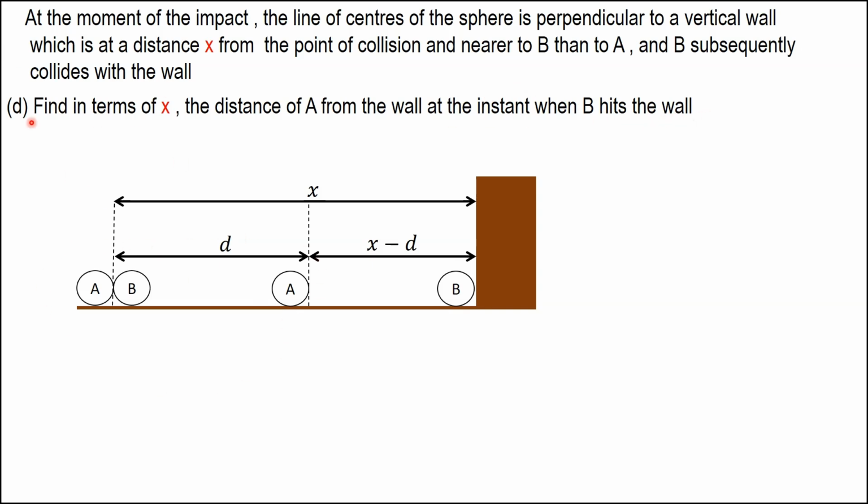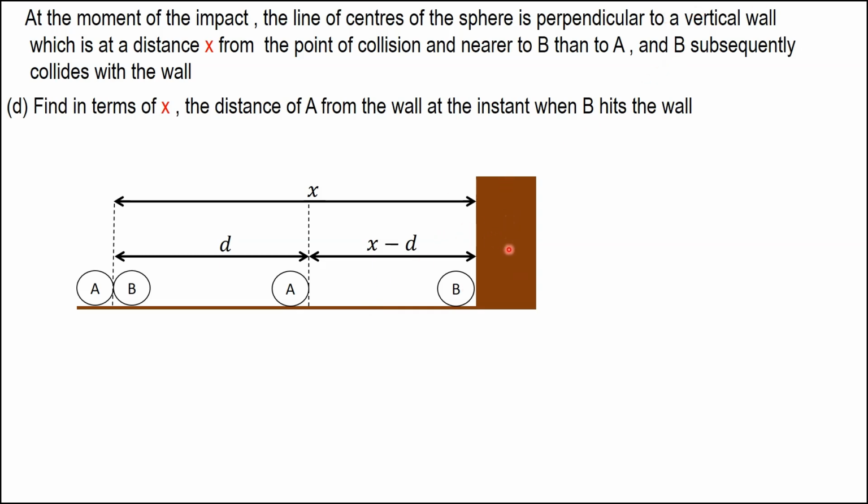So let us observe this small figure. That is, I illustrated that scenario with this figure. Since the line of centers of the sphere is perpendicular to a vertical wall, it means you must indicate the vertical wall as such, because the vertical wall being indicated as such tells us that automatically the line of centers of the sphere is perpendicular to it.